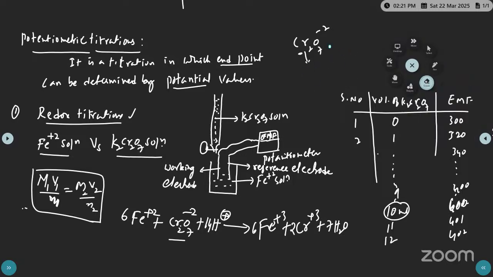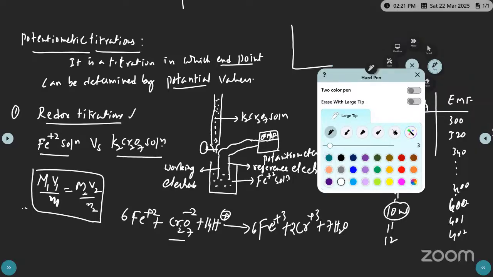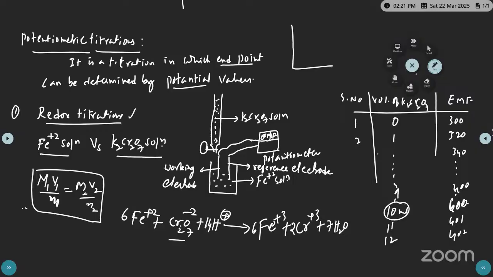How do we draw the graph? The graph is drawn between x and y axis. So this is the y axis and this is the x axis. On the x axis take the volume of K2Cr2O7, and on the y axis we have to take the EMF values.